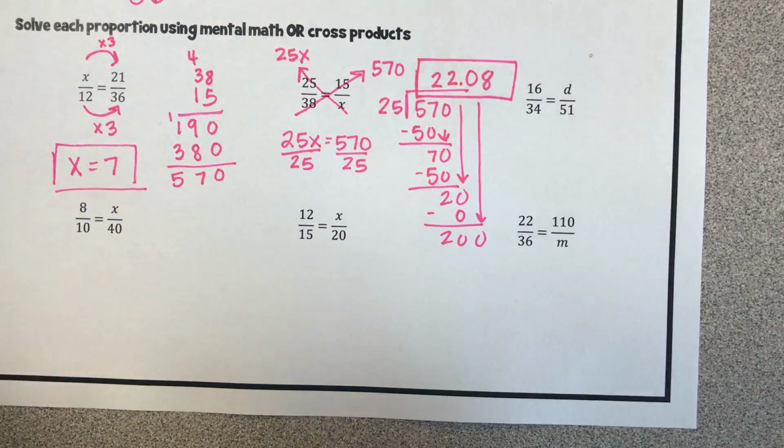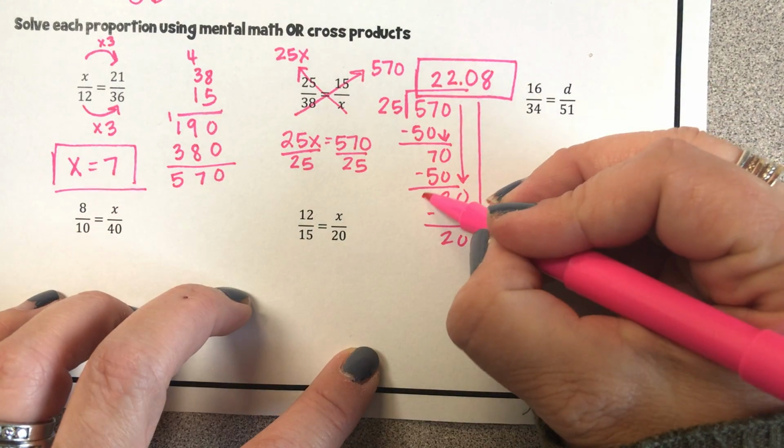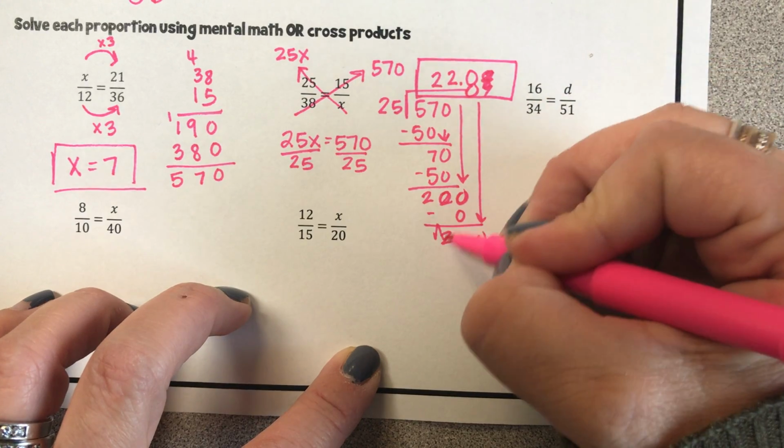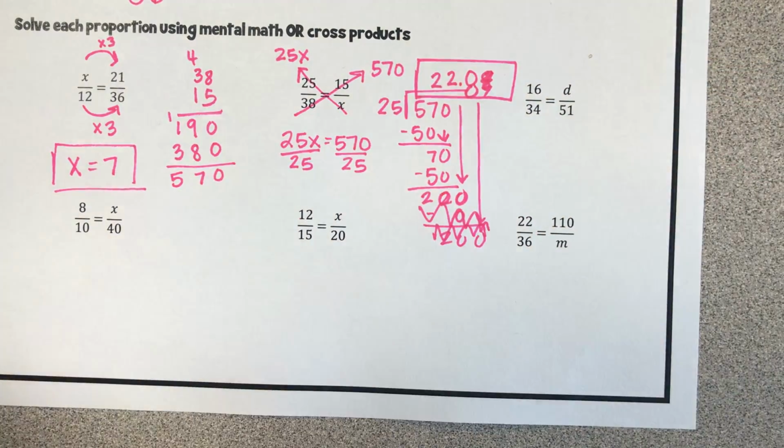So 22.08. Okay, and I'm going to be real honest with you guys. That was a typo. So we can do it though. We can do hard things. You won't have anything that hard on your homework. And you know what? Miss McAnally messed up. That should be 200, so this should be the 8. So 22.8.